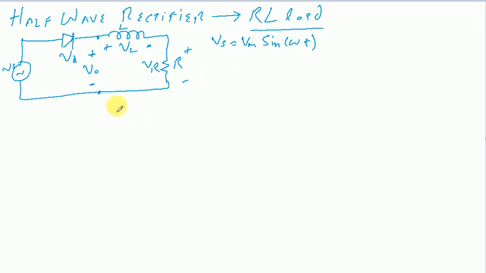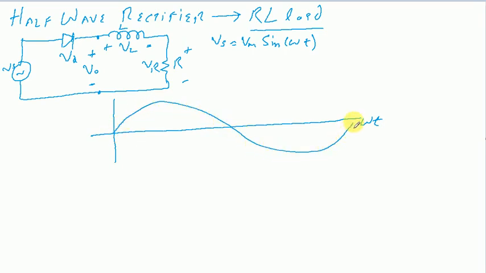Let us consider the case that we will have a sinusoidal voltage as an input. If you want to draw the waveform for the source voltage, this is what we will have, with peak values of Vm.